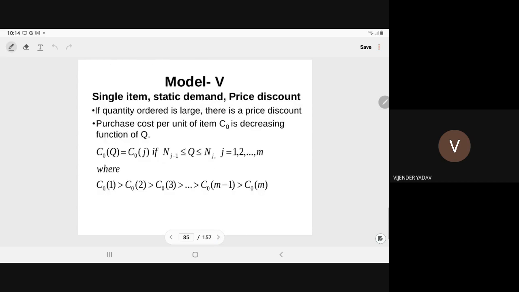Right, now we have another model, model 5. Till now we have studied model 4. In all the models, we have static demand, constant delivery rate, either infinity or constant, and whether back order is allowed or not. The most general model is model third.